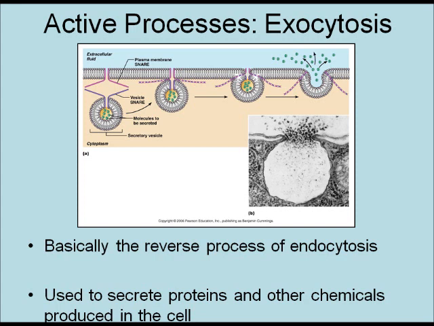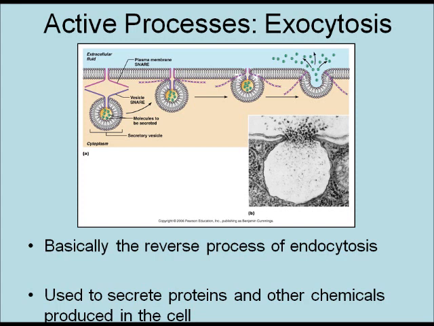I want to talk a little bit more about the specific steps that are involved. So if you focus on this part of the picture here, we've got that phospholipid bilayer that makes up the plasma membrane, or the cell membrane. This is the area inside the cell. These little green dots are representing something. We'll say it's a protein, some protein that was produced in the cell that needs to be released to the outside of the cell.